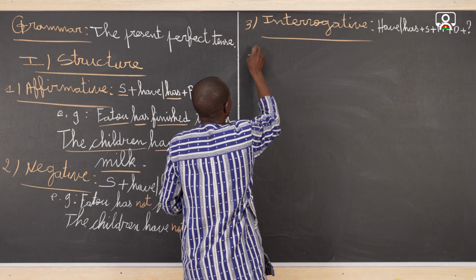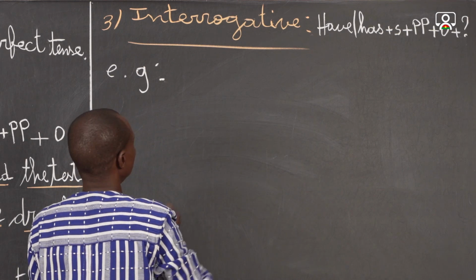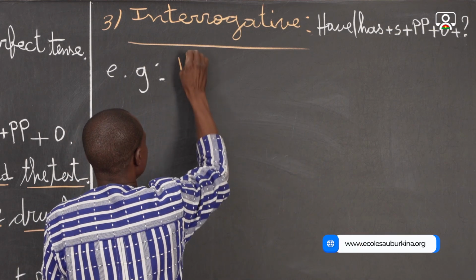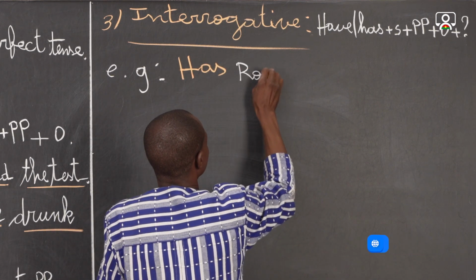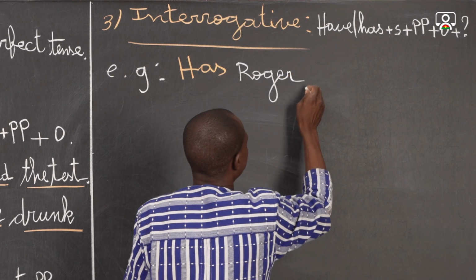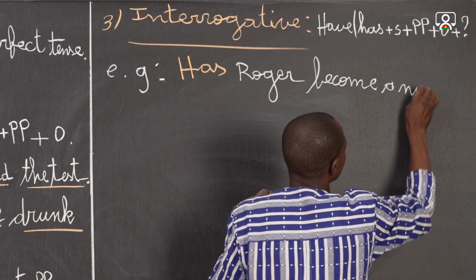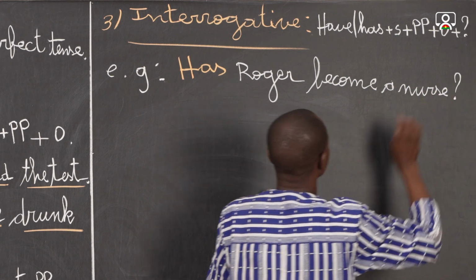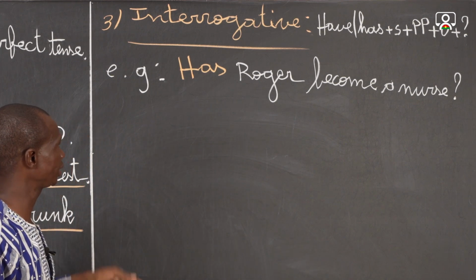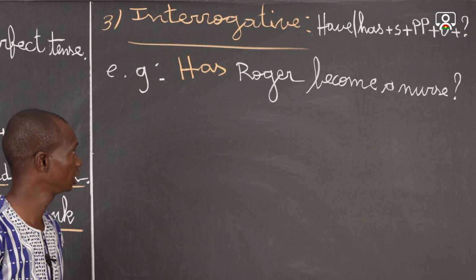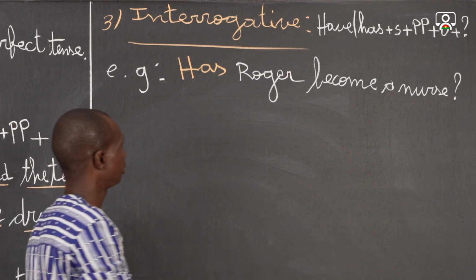Okay, example number 1. Has Rose become a nurse? Okay, this is the first example which follows the structure. In interrogative form, we have has. Why?